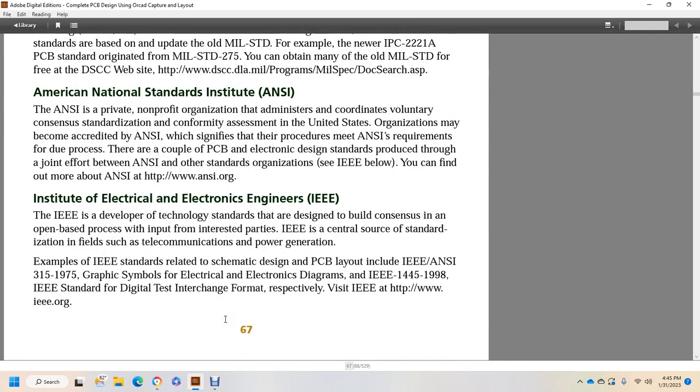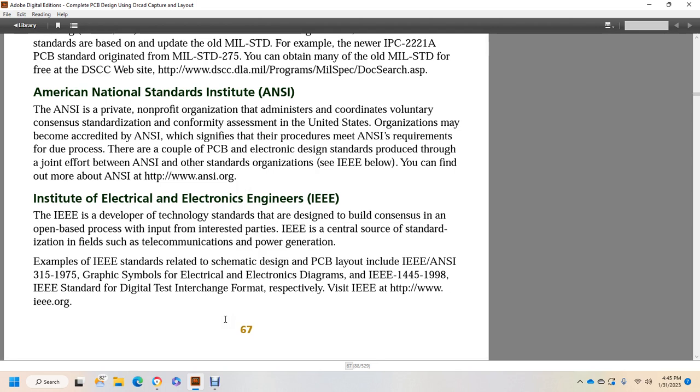Institute of Electrical and Electronics Engineers. The Institute of Electrical and Electronics Engineers has developed technology standards for design and build with consensus and an open process with input from interested parties. The IEEE is the central source for standardization in the fields of telecommunications and power generation.